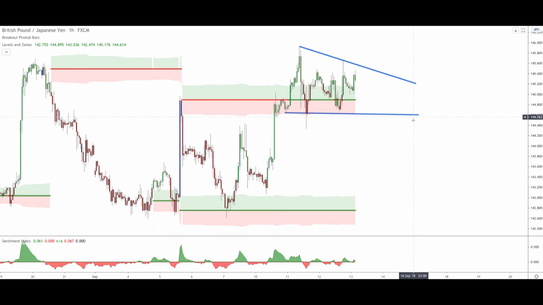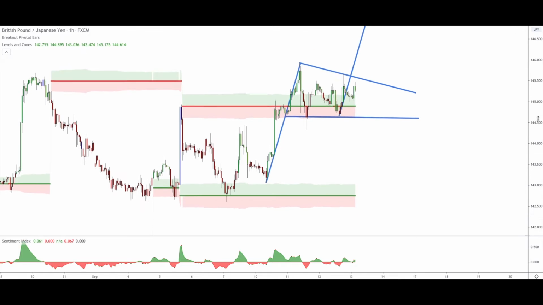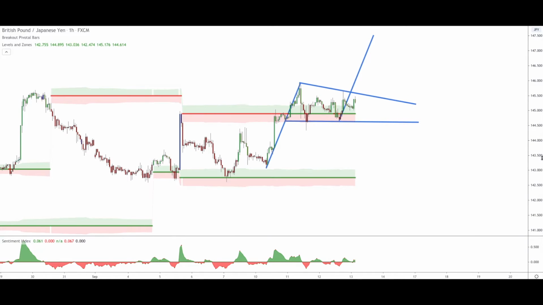So the consolidation is pretty much like this, and the impulse that we got before is this one. So what I'm looking for is another impulse of the same length. So I will draw it here, and if the price moves up, it should end up approximately here.